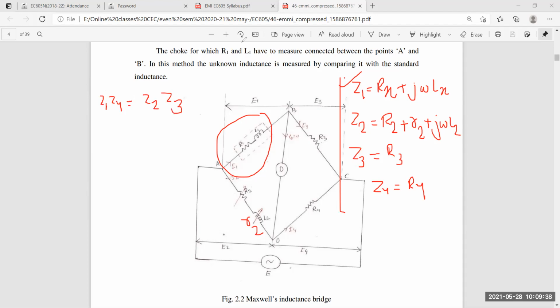I am opening my whiteboard because it will be difficult for me to do here. So Z1 Z4 equal to what? Z2 Z3, I told you, right? Now, what is Z1?